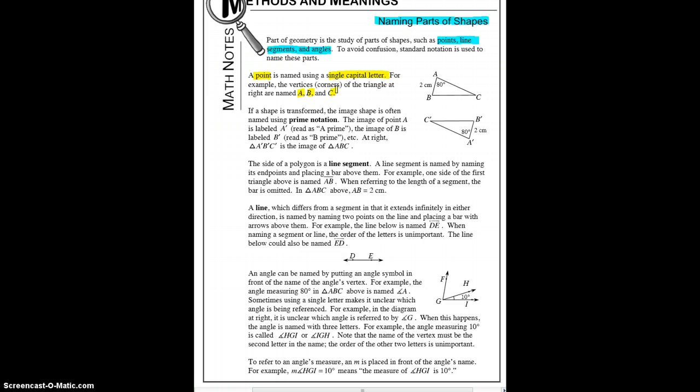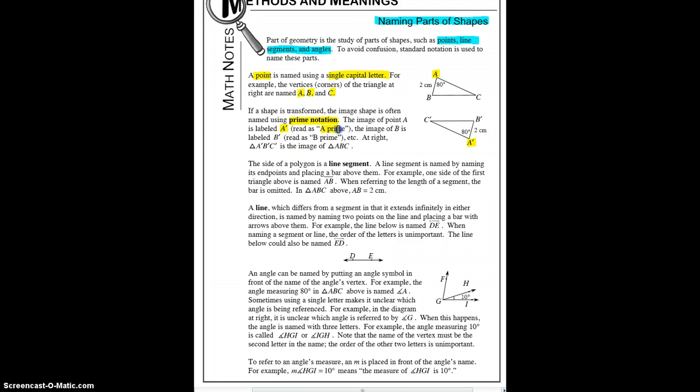Now, some of you will definitely never forget this after our last exam. If a shape is transformed, we use prime notation. That means we are telling the person either reading our work or grading our work that we created an image, so that A and A prime are exactly the same point, only one has been transformed from the other.